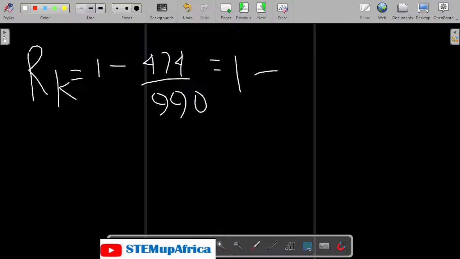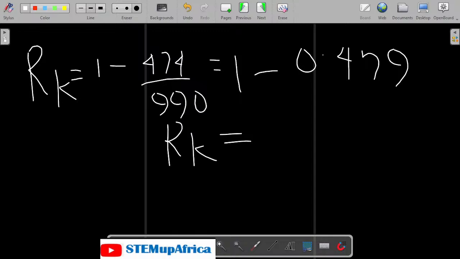So you have to divide 474 by 990, and that will give me 0.479. If I use 1 to subtract it, the Spearman rank correlation value is 0.521. This is the solution now for the Spearman rank.